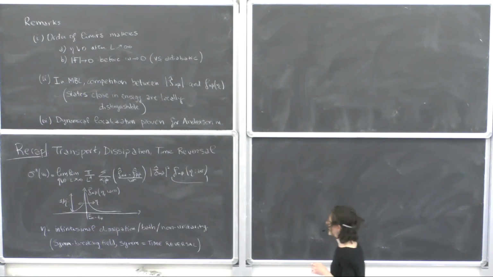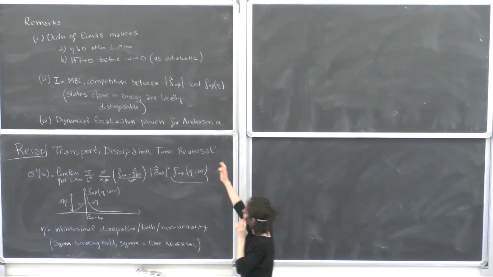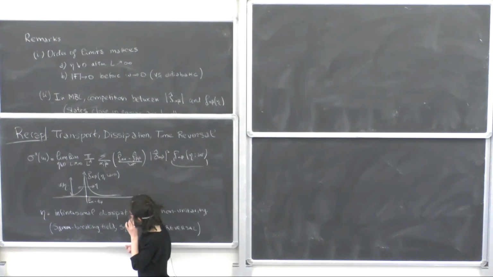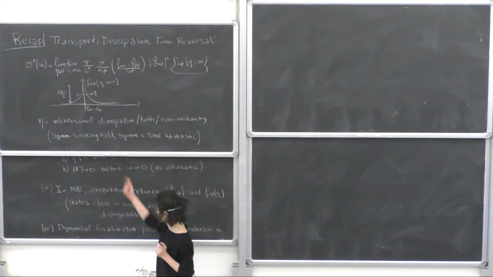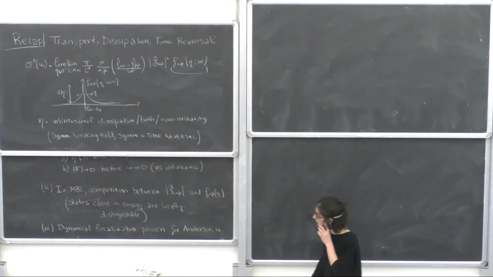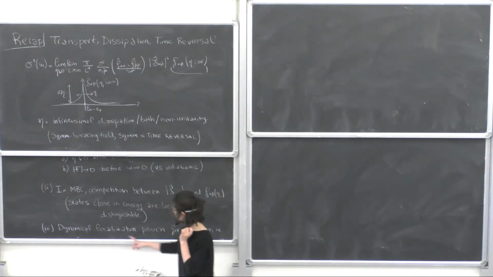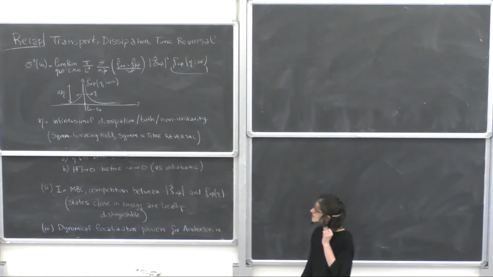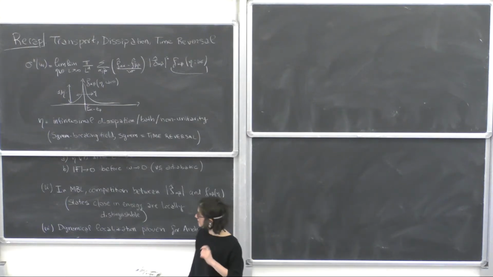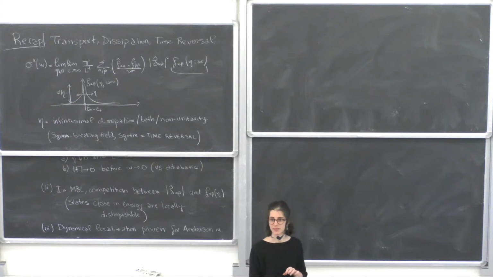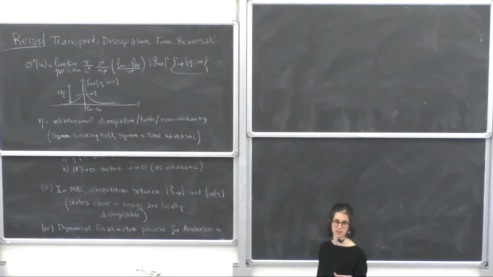Okay. So we'll come back to that when discussing connections to thermalization. And to conclude this about transport, I also wanted to stress that these types of statements, on the fact that the dissipative part of the conductivity vanishes if you consider Anderson systems, so the single-particle case, are actually proven mathematically.